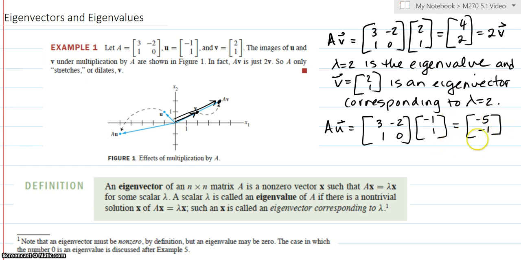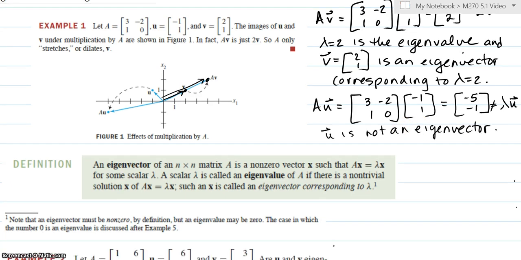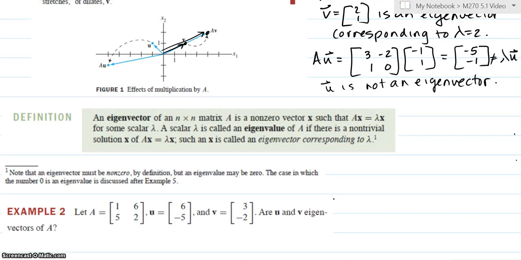This is not a multiple of u, and there's no scalar that would make it such. There is no lambda that would work here. So u is not an eigenvector.